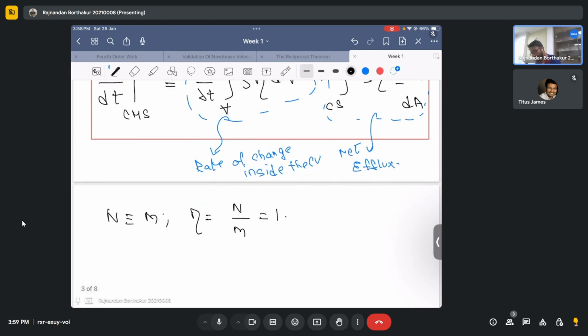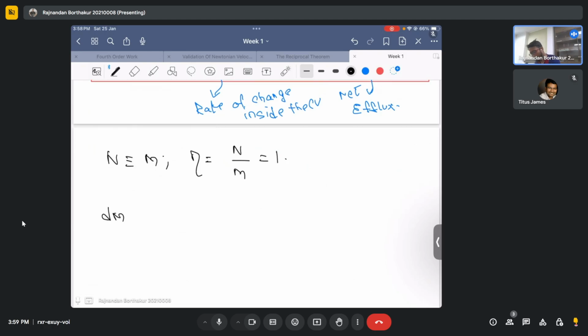What we will get is the rate of change of mass inside a control mass system, which is equal to the rate at which the property changes inside the control volume. Now my eta becomes equal to 1, so we'll just have a 1 here. So it is just rho times dV plus the efflux.